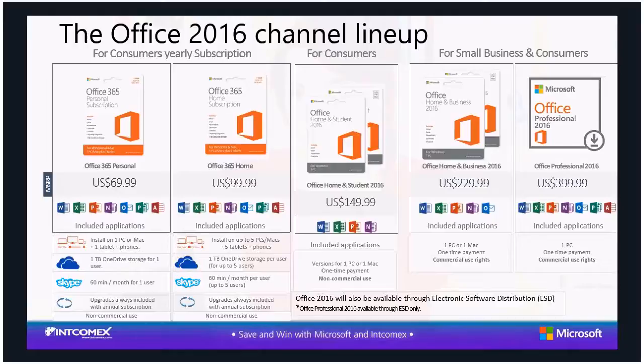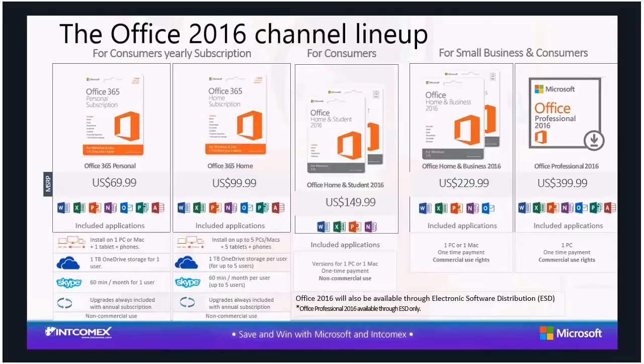So in this lineup, we have the two subscription-based Office versions that we can sell yearly, and we have Office 365 Personal and Office 365 Home. That's basically the two versions that we have for sale. These versions are virtually the same in terms of what they include.